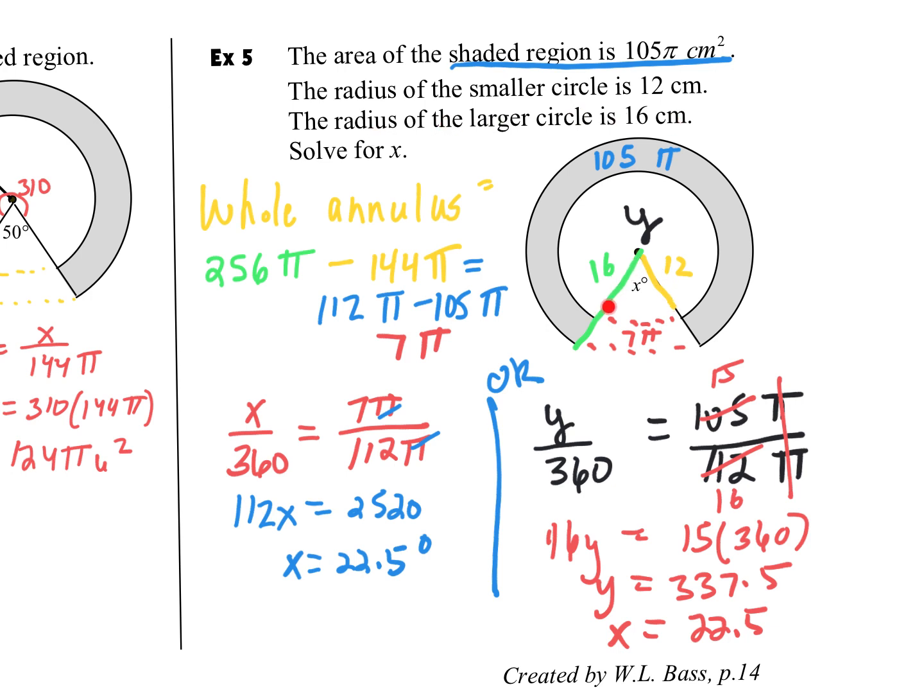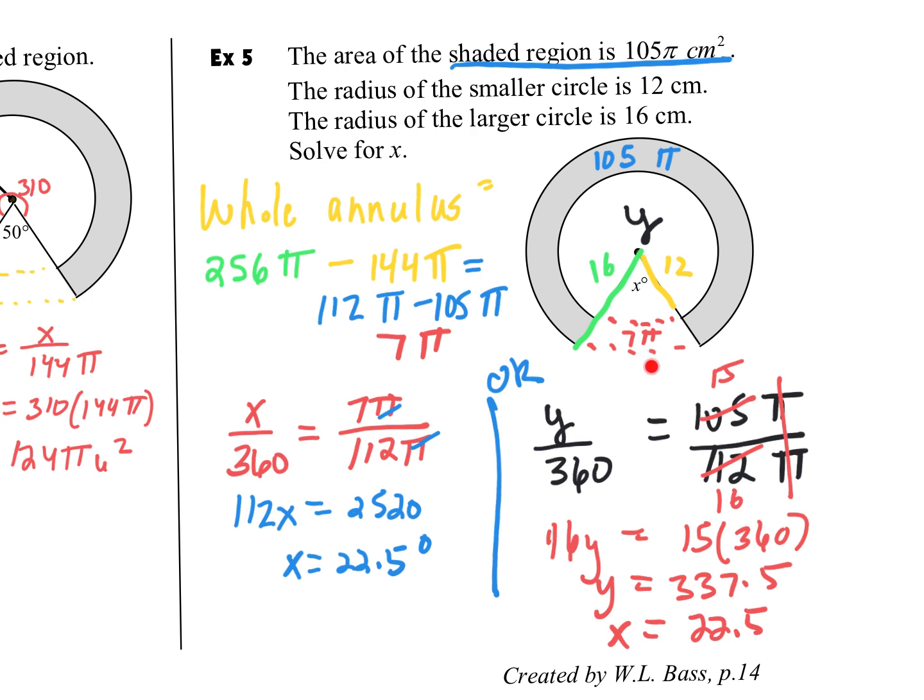So this is 16. If we find the area of the larger, 16 squared, 256 pi, minus the area of the smaller, 12 squared, 144 pi, that would give us 112 pi. That would be all of this, including this part here. Then if I take that 112 and subtract out the 105, what would be here is 7 pi.